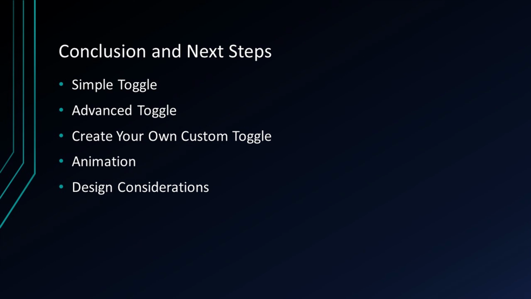In this tutorial, we learned two different methods to toggle from third person to first person and back the other way. A simple method that directly just swaps between the two, and an advanced method that pans smoothly between the two. I recommend you try to create your own method for your own needs, and make sure that any considerations for design and the environment match whatever you end up doing.